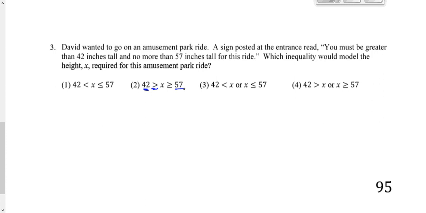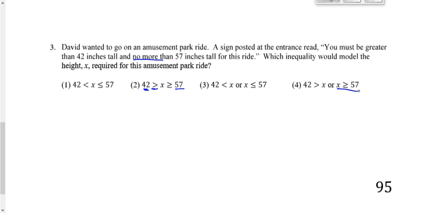Okay, so which choice? Choice 4. So X is greater than 42, or greater than or equal to 57?